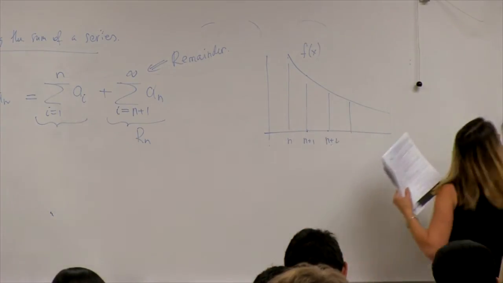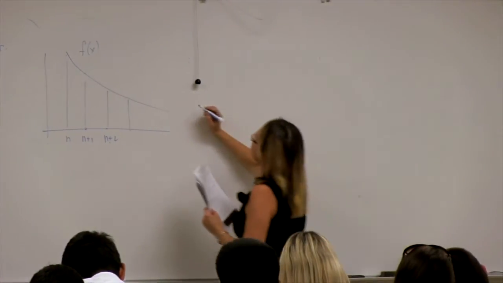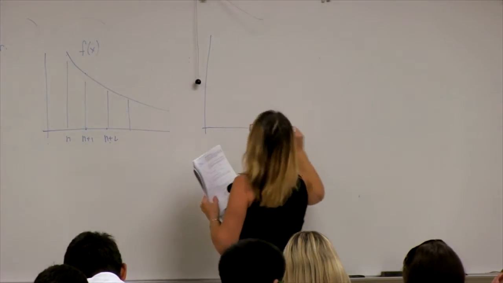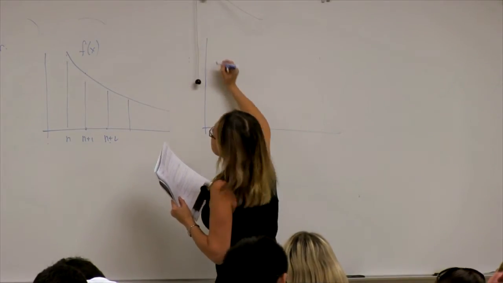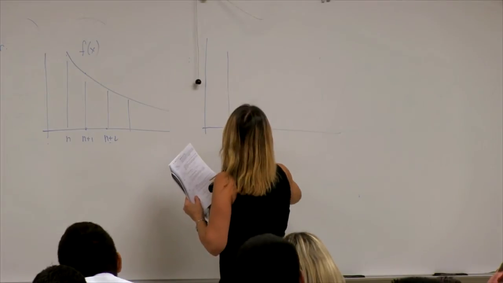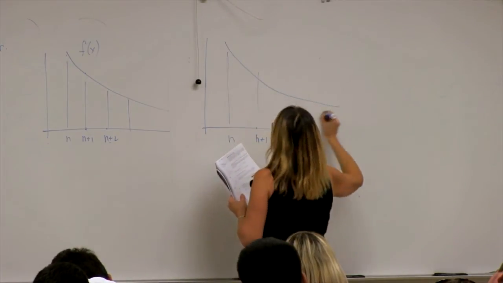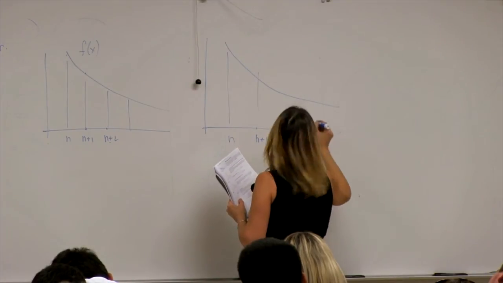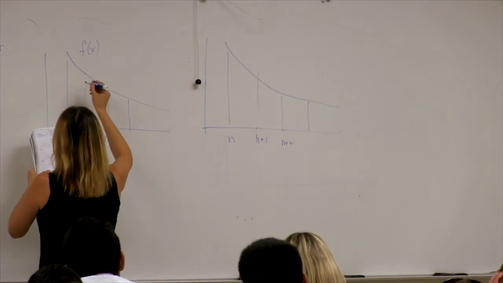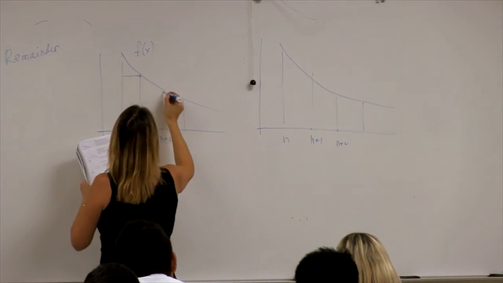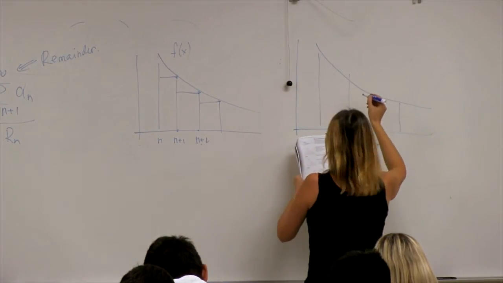And let me do it side by side so everybody can see. So let's draw an identical function. Okay. So this is n plus 1, and so on. Here I'm going to complete like this on the left. And here I'm going to do it on the right.